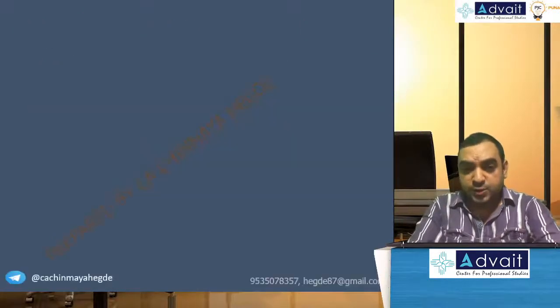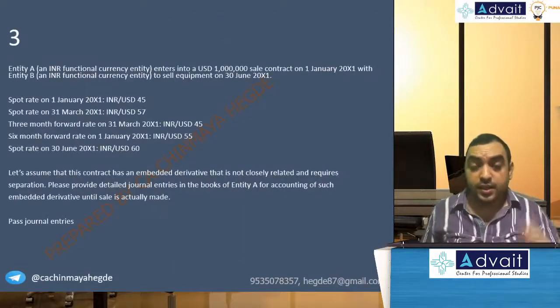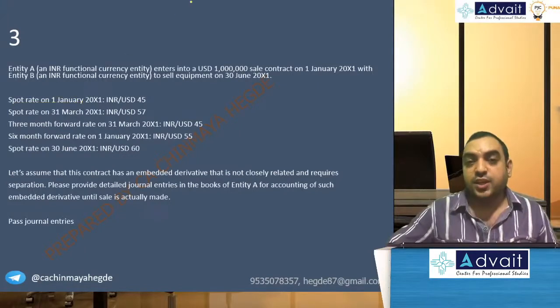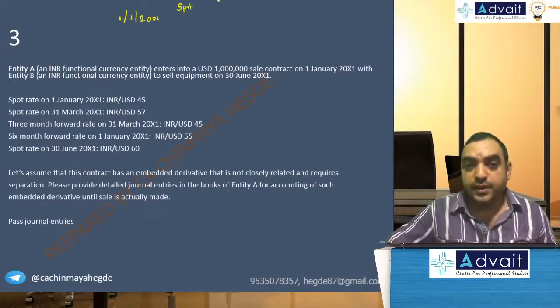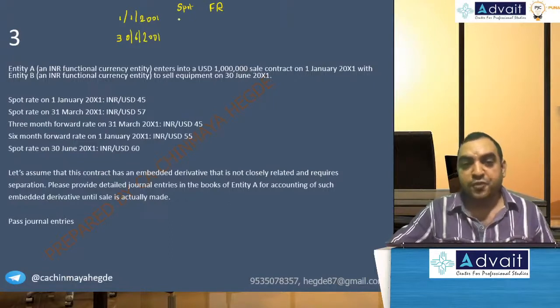Okay, now let us solve this problem to get a clearer idea. Let us summarize the rates now. First January 2001 spot rate, forward rate. As on 30th June 2001 spot rate, forward rate.